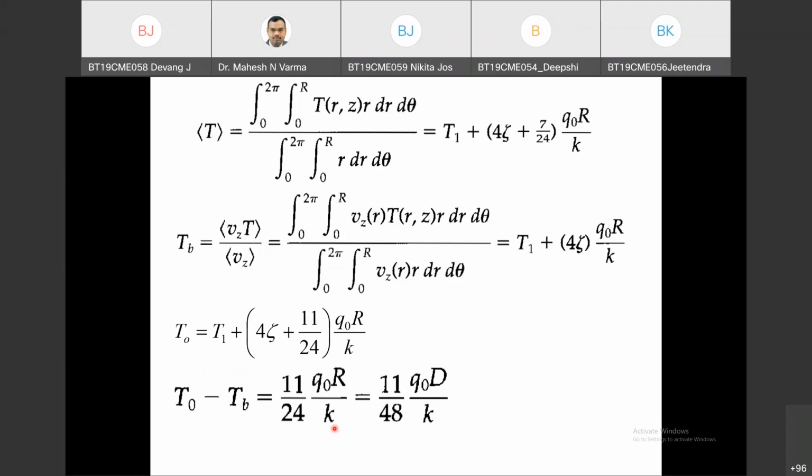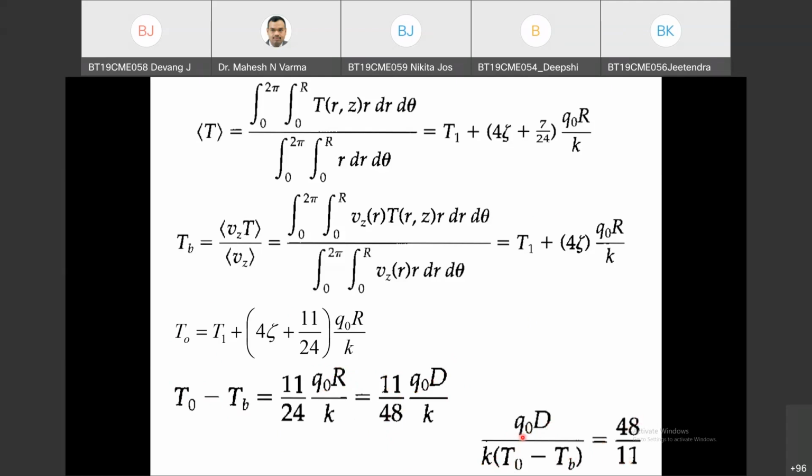Okay, rearranging this equation. Instead of radius, diameter is used, so 11 by 24. Rearranging this equation, Q0 D by K times (T0 minus bulk temperature) is equal to 48 by 11.